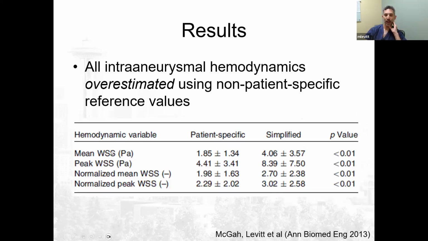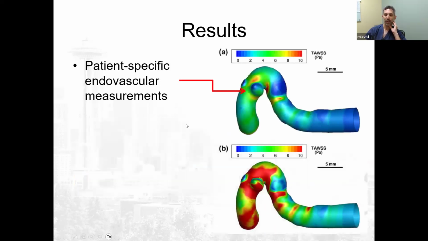And we looked at wall shear stress in a variety of different ways using both the patient-specific measurement and the simplified measurement. We found a big difference. And what that looks like in practice is here's an aneurysm, here's a blood vessel with computational fluid dynamics, and this is the wall shear stress map.